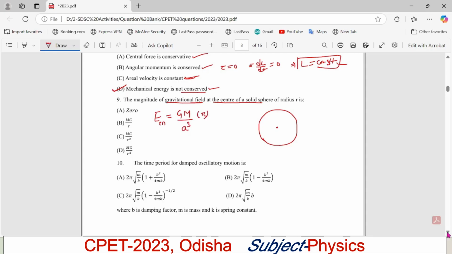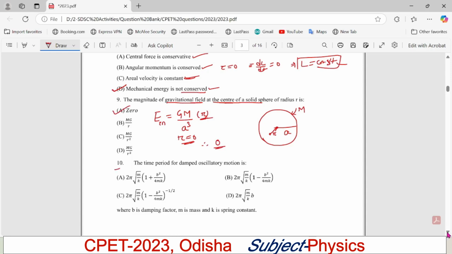Here a is the radius of the sphere, M is the mass, G is the universal gravitational constant, and r is the distance from the center to any point inside the solid sphere. Here r will be 0 because the question asks at the center. So the gravitational field intensity will also be 0.